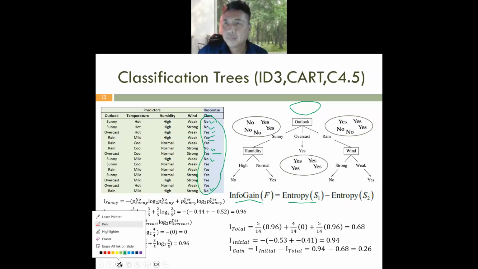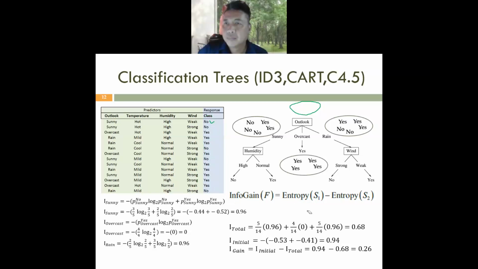How do we compute that one? Let me erase first. The entropy that we get here is the entropy before splitting, which is over here. Before splitting, we have all of this.